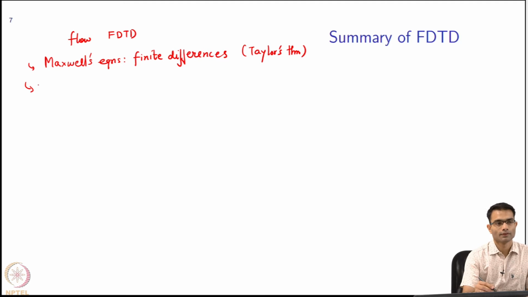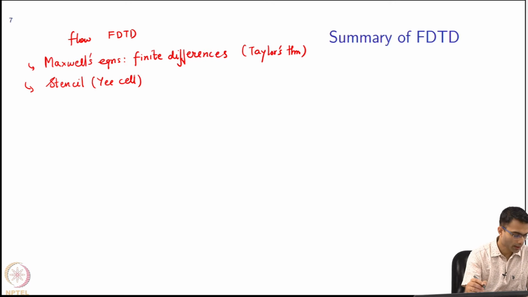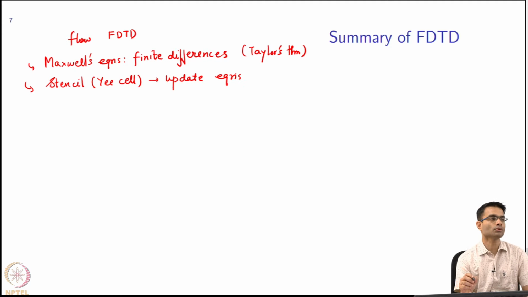We discretized it, right. So, we made a stencil, the E cell, and from here we got the so called update equations, which allowed us to step the fields in space and time.